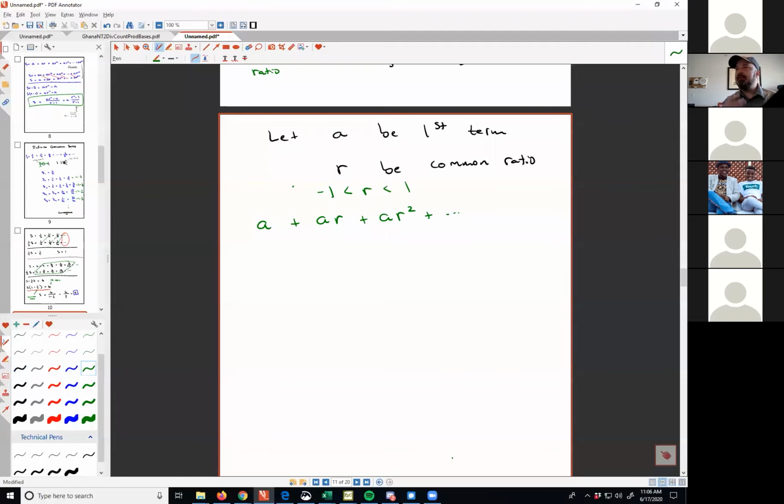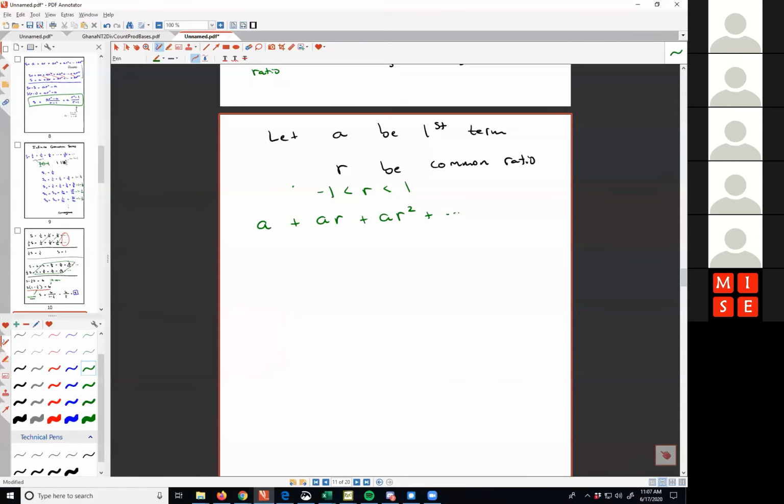That way we do have a converging infinite geometric series. So R is between -1 and 1. Get us started. And first, you name the beast. We'll name the beast. We will call it S. And second, you have to divide by R.